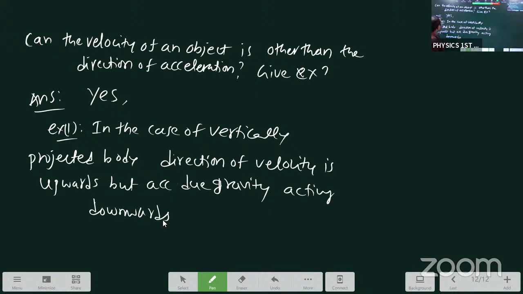This is the example for this question. The answer starts with yes onwards. For this, 1 mark is there for yes, 3 marks here, total 4. This answer looks like a VSAQ, but in the examination you are getting it in the SAQ zone. Then the velocity of an object can be in a direction other than the direction of acceleration. Yes, it is possible. Answer.